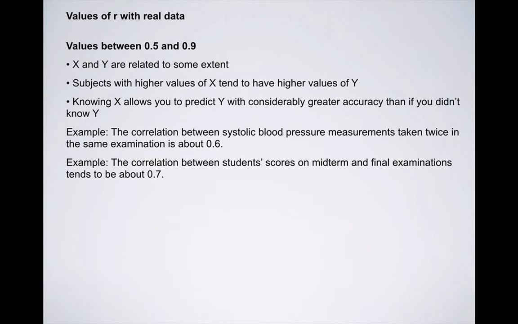And the correlation coefficient between students' scores on midterm and final exams tends to be about 0.7, meaning that if a student has a high mark on a midterm, they tend to have a high mark on the final exam, and vice versa. However, it's not an absolute. You're not guaranteed getting the same mark on both the midterm and the final exam, but if you do get a mark of, for example, 80 on the midterm, then typically you're between 75 and 85 on the final exam.